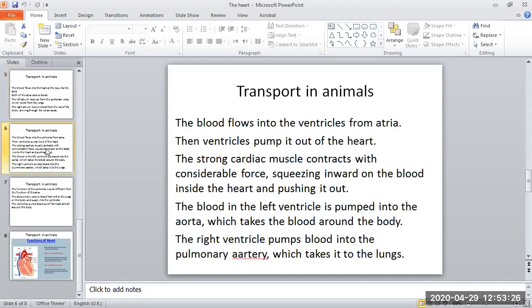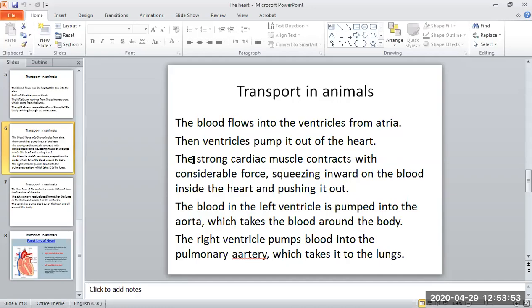Next, the blood flows into the ventricle from the atrium, then the ventricle pumps it out of the heart. The strong cardiac muscle contracts with considerable force, squeezing inward on the blood inside the heart and pushing it out.